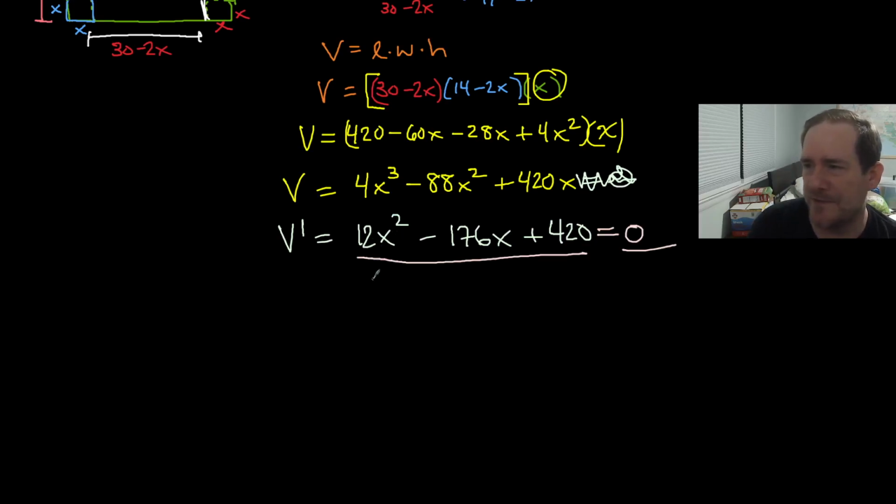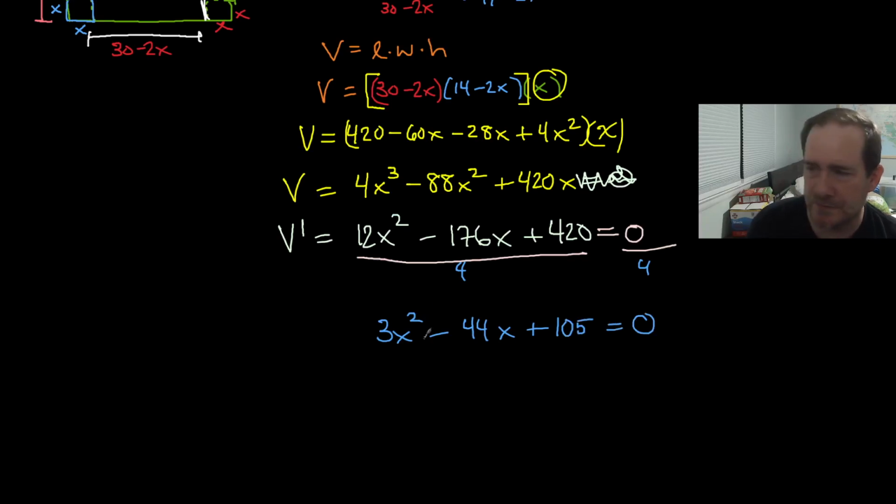So if I divide by 4, I get 3x squared minus, this goes in 44 times. Feels right to me. And then 4 goes into the 420 105 times.